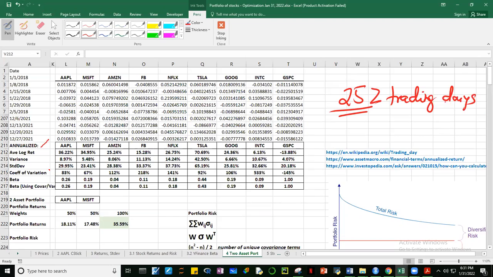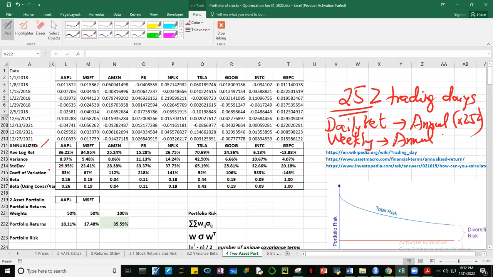On the average, ito yung 252 trading days. Okay? So, if we're going to convert daily data or daily returns into annual, anong gagawin natin? You multiply it by 252. On the other hand, if you have weekly returns, tapos gusto natin maging annualize siya, gagawin natin times 52.